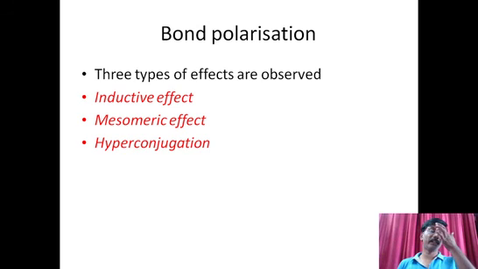One is the inductive effect, the second is the mesomeric effect, and the third is hyperconjugation. These are the three effects which we are going to discuss in this lesson. Let us understand them one by one, and take up examples and applications of these three effects to understand organic molecules.